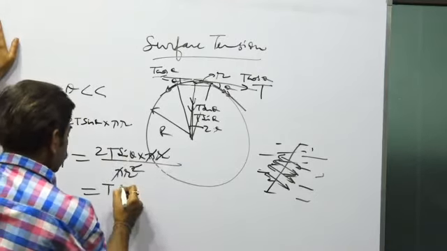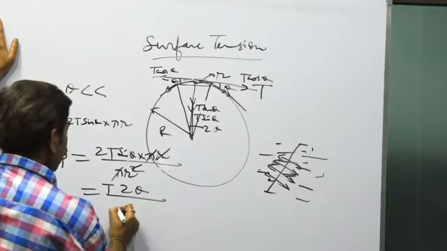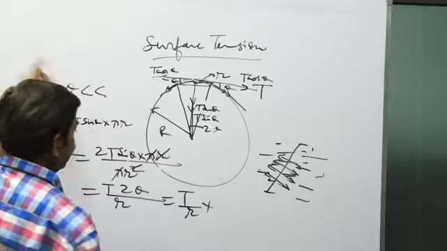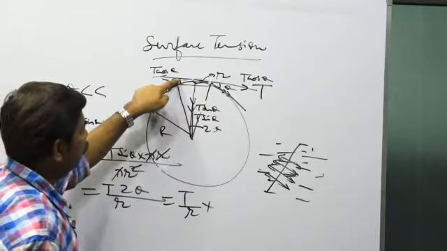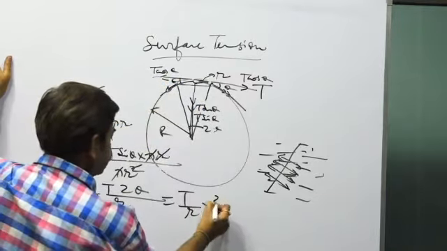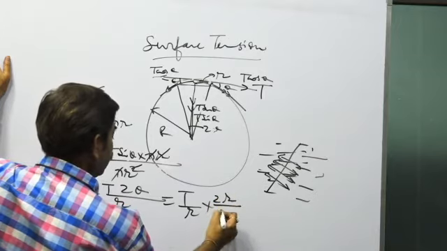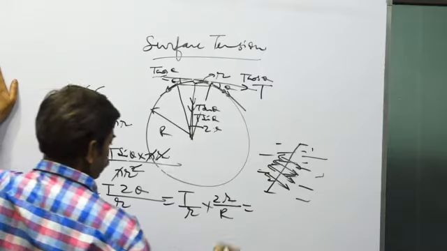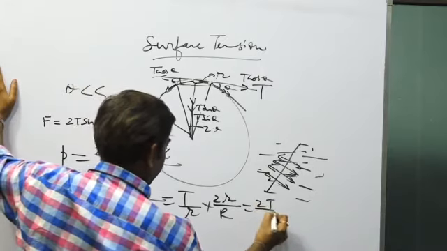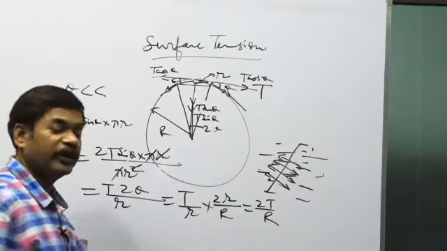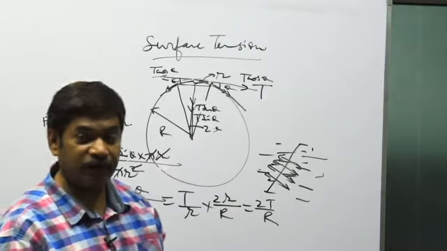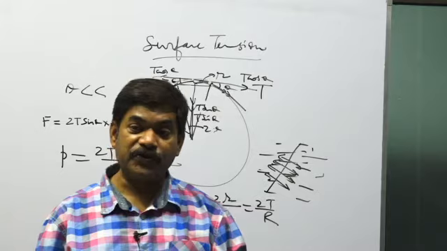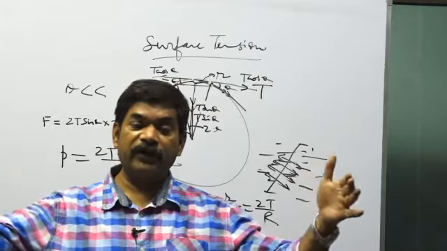So that becomes 2 theta T divided by r, and angle 2 theta equals 2r divided by capital R. So this becomes 2T by R. There is a pressure generated due to the surface tension towards the inner side of the liquid. Is that clear?